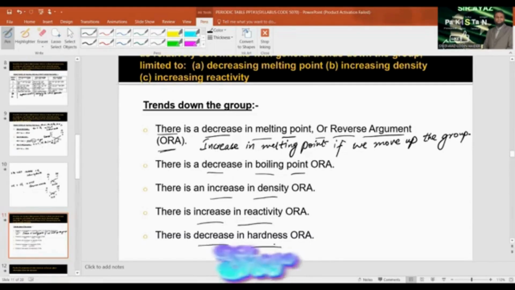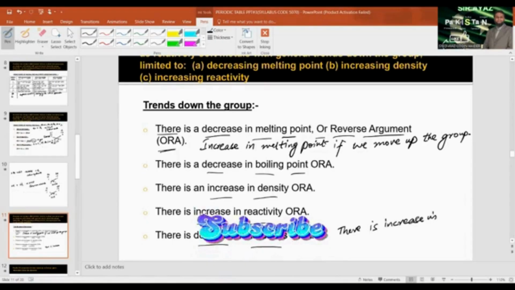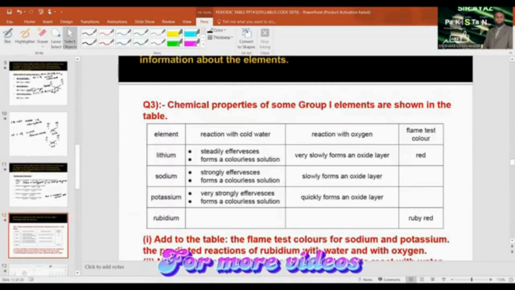There's decrease in hardness. You can say there's increase in softness down the group. So you can write there is increase in softness. Again, you can have any reverse argument like ORA or reverse argument.